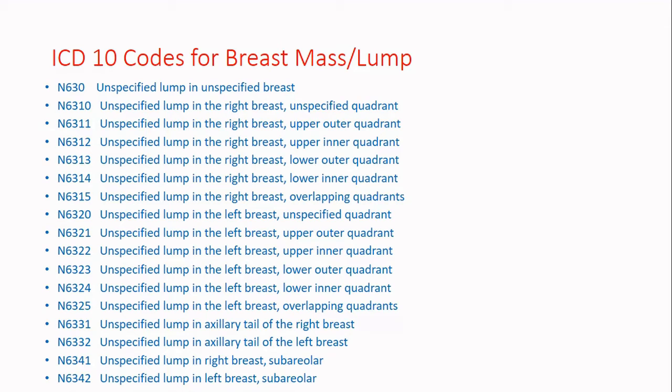So the codes in the N63 series are used for coding breast mass. These codes are majorly used with CPT codes for ultrasound breast and ultrasound mammography, and also for some breast biopsy procedures.